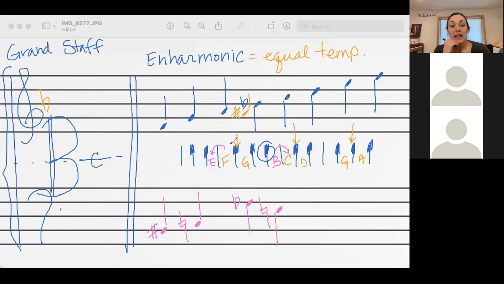If you were playing in a flat key, well, you would have to play on the one with the flats so that your G flat was tuned correctly. If you were playing in a sharp key, you'd have to play on the other keyboard so that your F sharp was tuned appropriately. It's a very complicated process figuring that out.